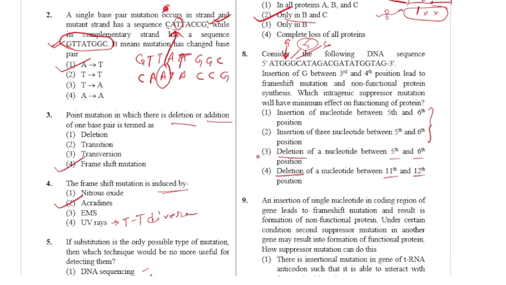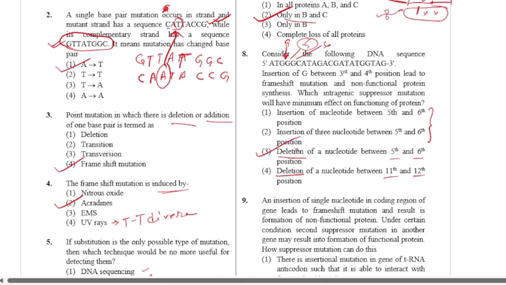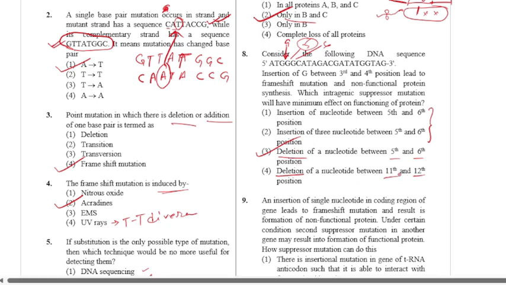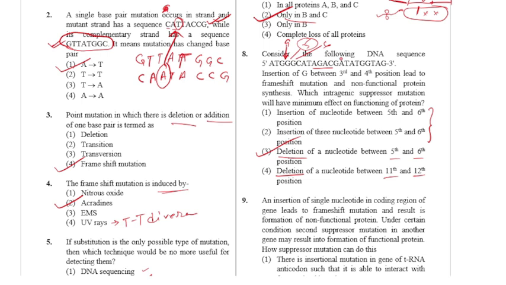So that would be most favorable because the sequence will remain the same. If we delete the 11th and 12th, that changes the main sequence. So option C is more correct.